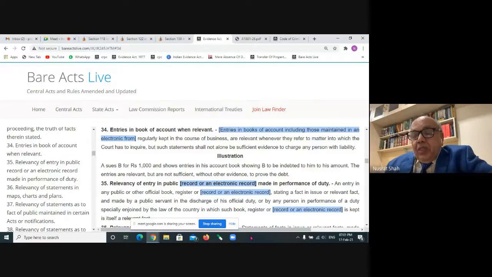Yeah, section 34, देख लीजिए, entries of books of account including those maintained in electronic form when relevant. So you have a right to show before the court that at the time when I gave the loan on promissory note, I made an entry. This entry is not removed by me. There is an FIR against him.